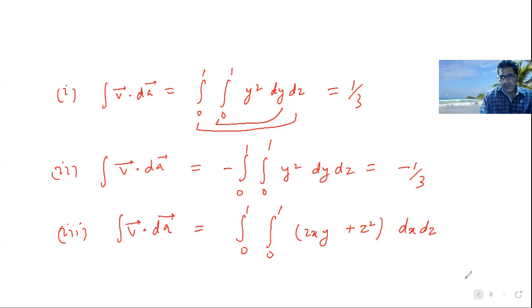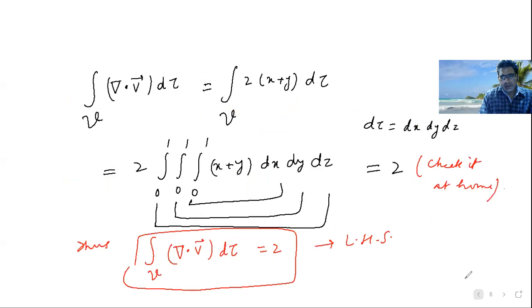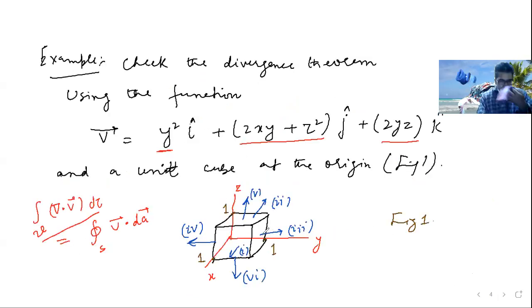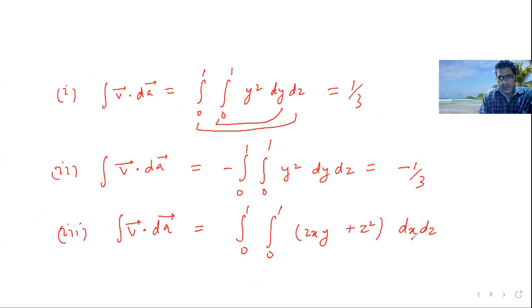Move to the figure. My third face is this face. And this face is parallel to the xz plane. That means its area element will be dx dz, right? That's why here I have written dx dz, right?